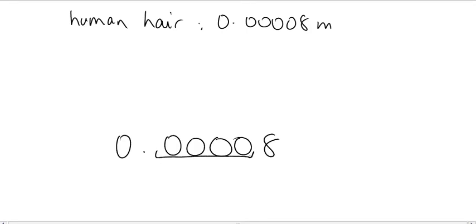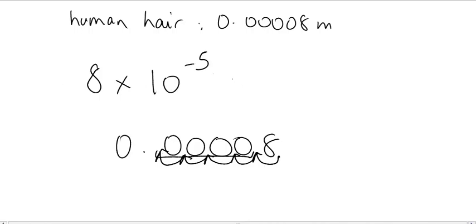So let's say we have 8 as our mantissa. 8 multiplied by 10 to the power of negative 1 is equal to 0.8. Multiplied by 10 to the power of negative 2 is equal to 0.08. Then 10 to the power of negative 3, negative 4, and negative 5. So we can say that 8 times 10 to the power of negative 5 is equal to 0.00008.